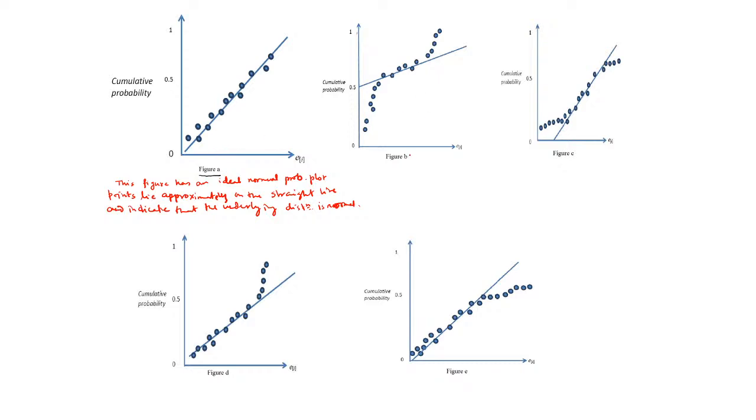Now go to figure B. This figure has a sharp upward and a sharp downward curve.